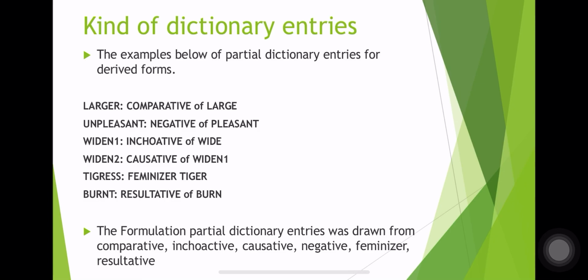The first one is the inchoative of wide, and the second one is the causative of wide. And then tigress is the feminizer of tiger, and burnt is a resultative of burn. Now, the partial dictionary entries were formulated using comparative, inchoative, causative, negative, feminizer, and resultative.